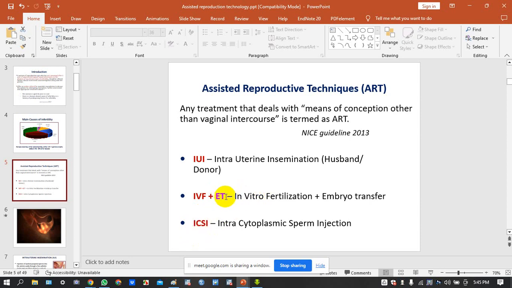But if the man is not producing any sperm at all, then they will use a process called intracytoplasmic sperm injection. Intracytoplasmic sperm injection is for azoospermia, absence of sperms at all. If the man is not producing sperms at all, we use intracytoplasmic sperm injection.